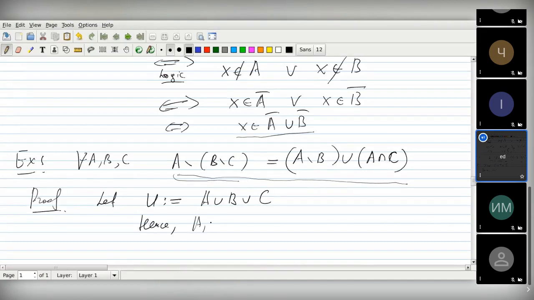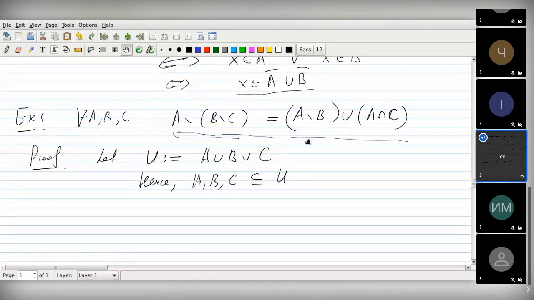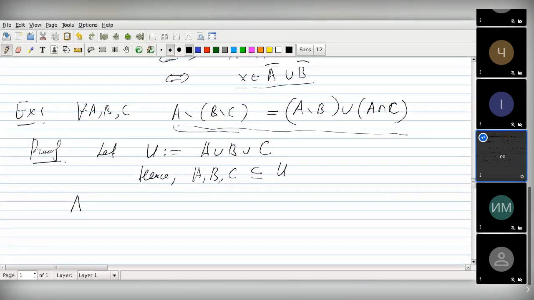Hence, of course, A, B, and C, every one of these sets is a subset of U. Is it clear? Yes. And then everything is really easy.